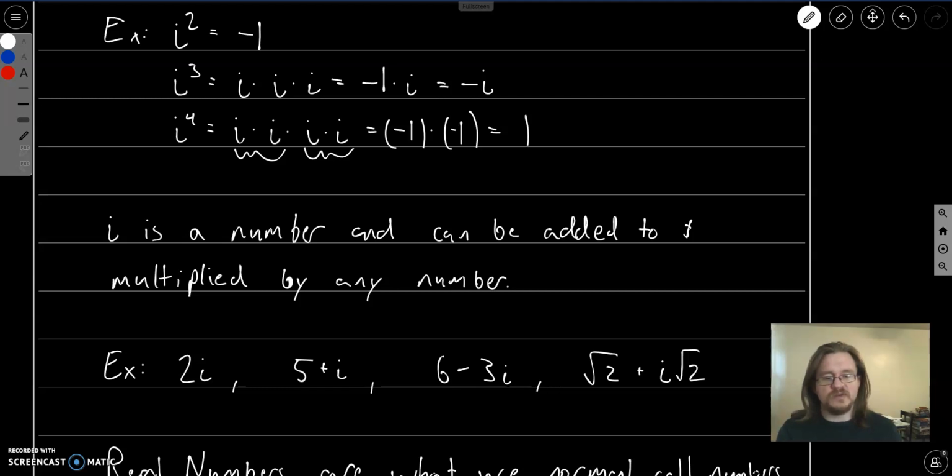But if I have the square root of a number, I normally write the i at the front, because if I write the square root of 2i, it almost looks like it's the square root of 2i, and it's hard to tell where the square root sign stops. Does it stop after the 2 or after the i? So it's just a convention that I follow to put the i in front of the square root sign rather than the back. It doesn't really matter.